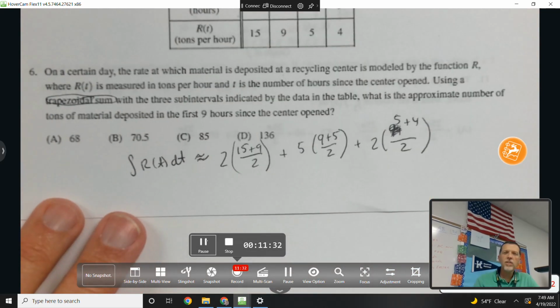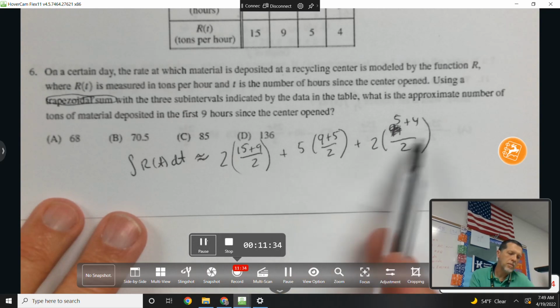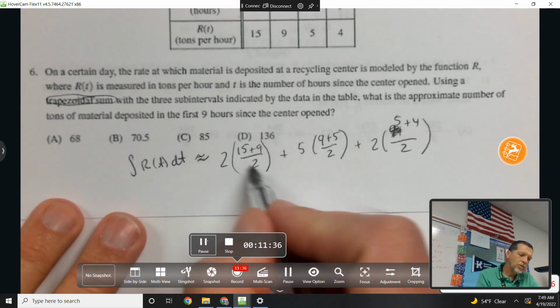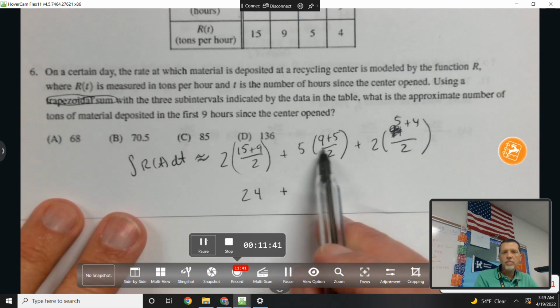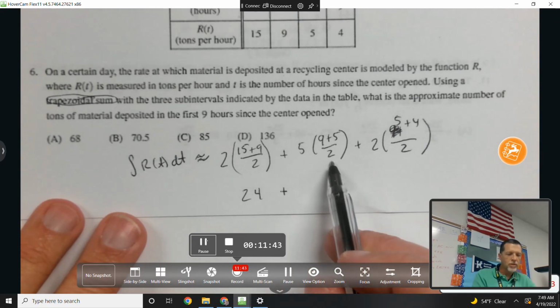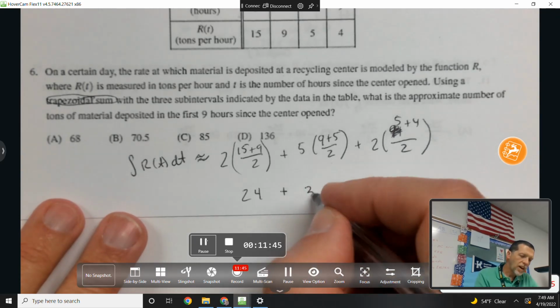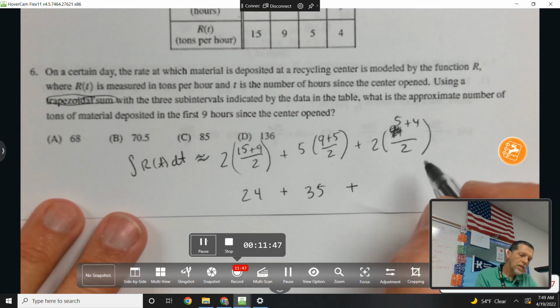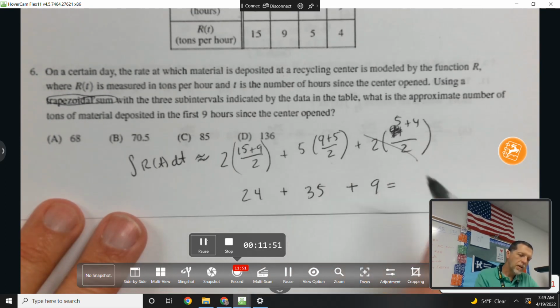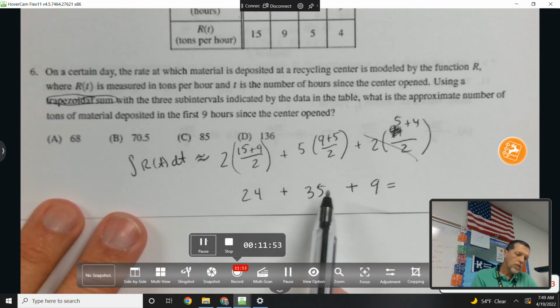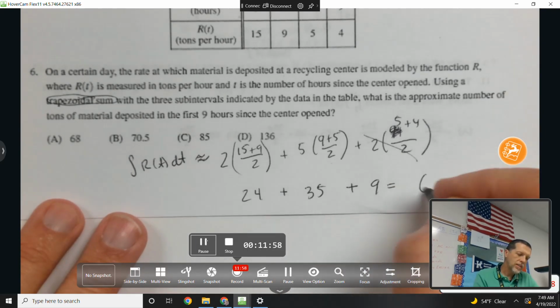And this is no calculator, but they sort of made the math work out okay on this. Like the 2's cancel and you've got 24. And then 9 plus 5 is 14, divided by 2 is 7, times 5 is 35. Plus, on the last one, the 2's cancel, 5 plus 4 is 9. 24 and 35 would be 59, plus 9 is 68.